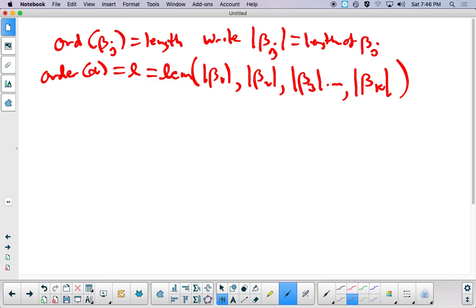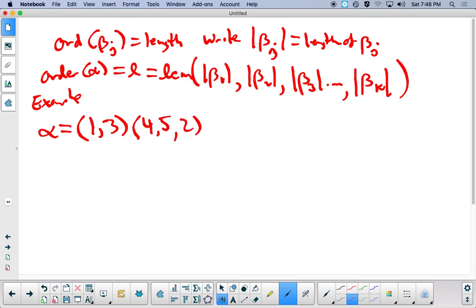Well, let's end with a quick little example. If alpha is something like 1 goes to 3, and 4 goes to 5, goes to 2, let's just do that. And then we have 6 goes to 8, goes to 9, goes to 10.